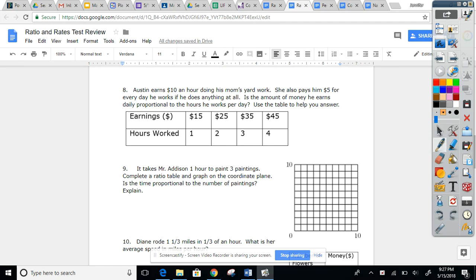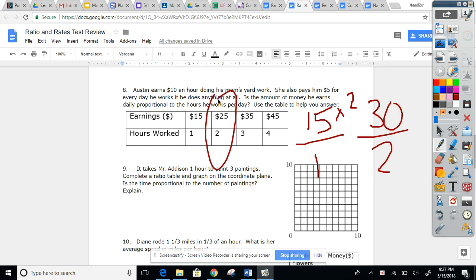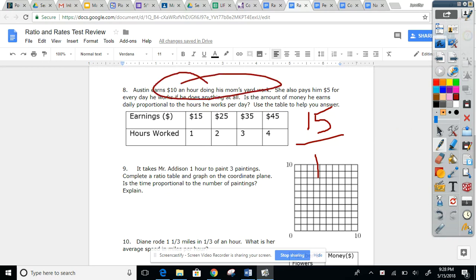Okay, equivalent and proportional relationships mean that if I have 15 for 1 hour, for 2 hours I would have times 2, that would be 30. If we look at this ratio table right here, is that the same thing? No, it's not proportional, because if you read the word problem, it says that he earns $10 per 1 hour, plus his $5.